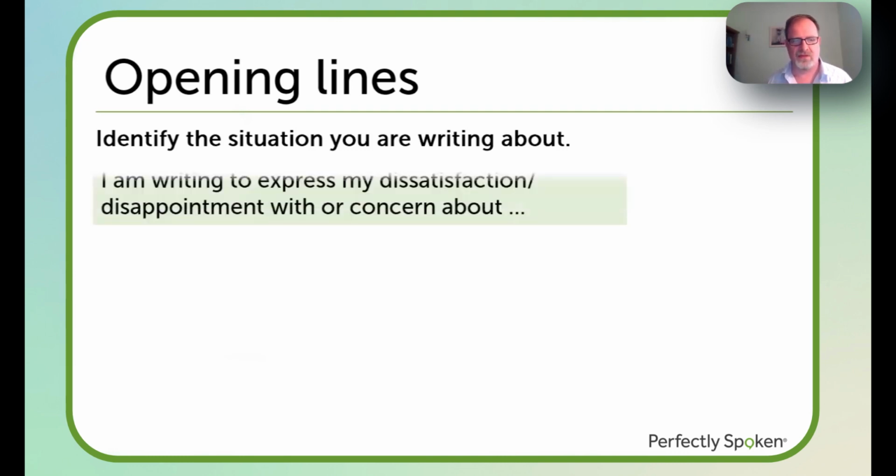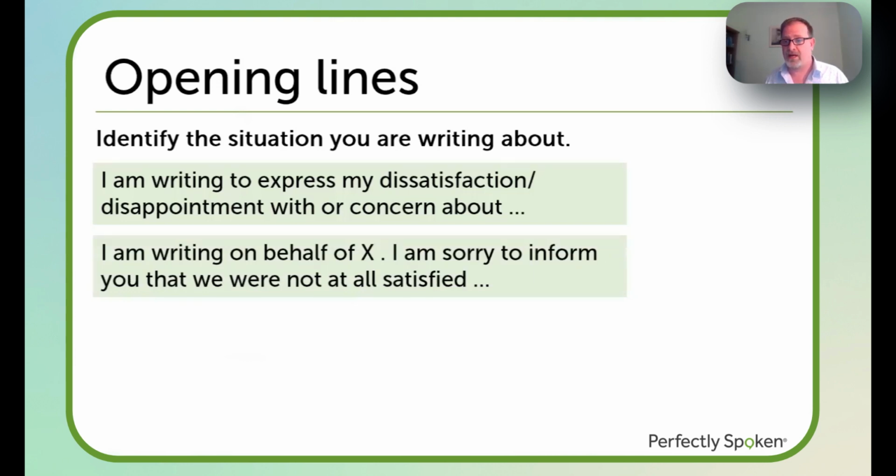Okay, so here are some examples. I'm writing to express my dissatisfaction. Dissatisfaction means you're not happy, or disappointment with, or concern about. That's another alternative. I'm writing to express my concern about something. And then you talk about the problem.